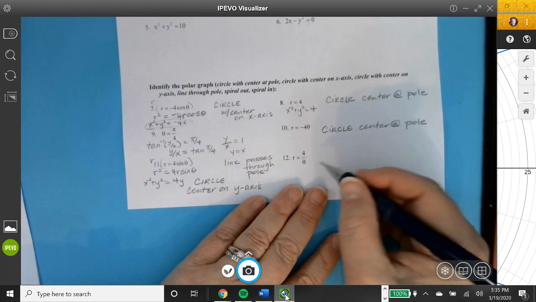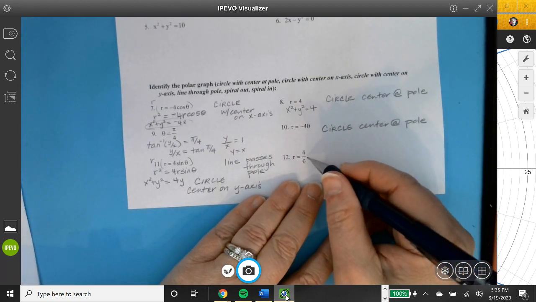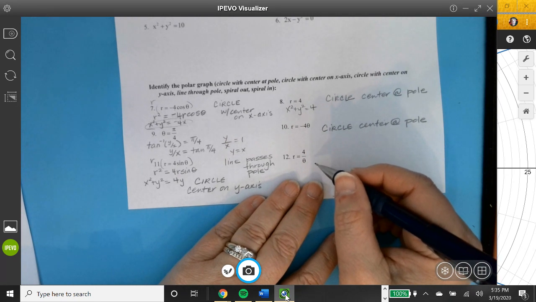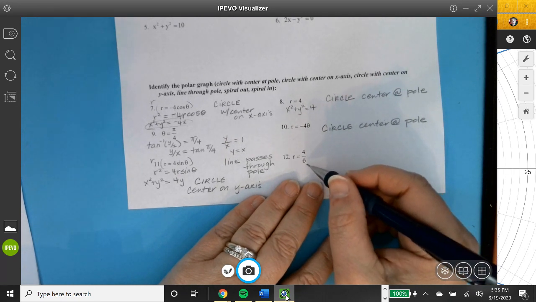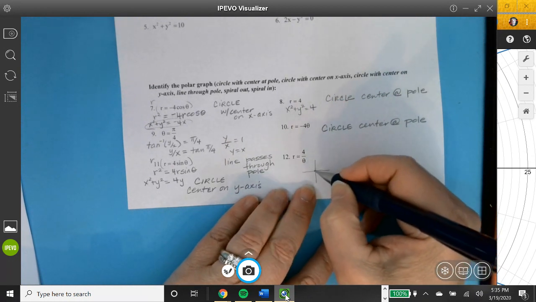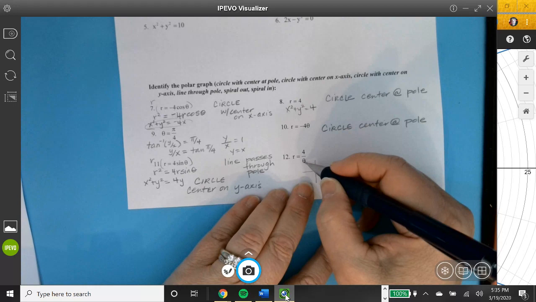All right. Wow, this is r equals 4 over theta. Now, how I like to think about this is, if theta is really big, here's my polar plane, what is r?